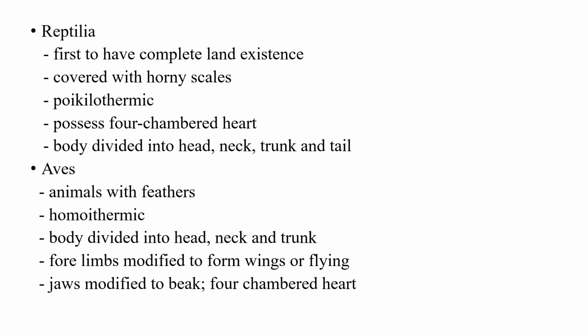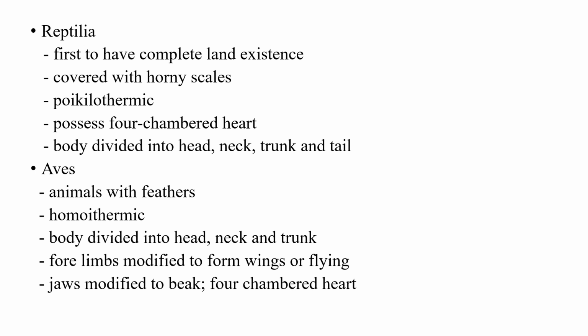In this case, the forelimbs have been modified to form wings, so that they will be able to use the wings for flying. The jaws are modified to form a beak. That's their mouth. That thing that you see on top and below the mouth is usually referred to as the beak.